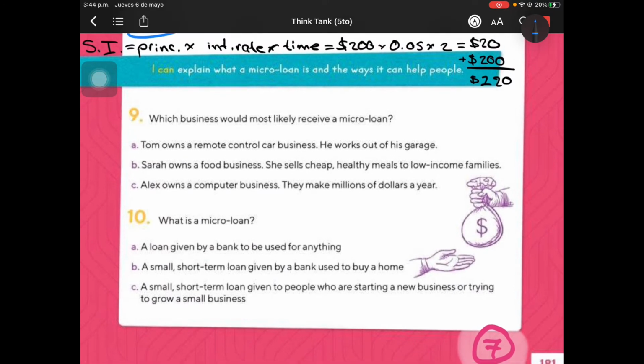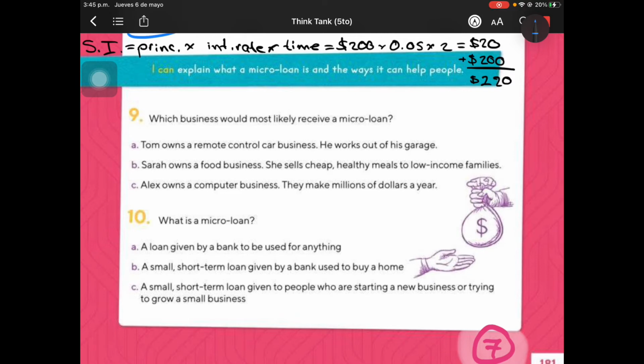The first one, which business would most likely receive a microloan? And to answer that question, we need to ask ourselves, what is a microloan? So, a microloan, remember, is a short-term loan that is going to be given to people who want to start or grow a small business.